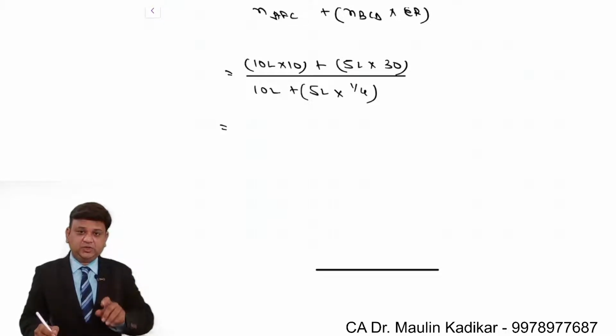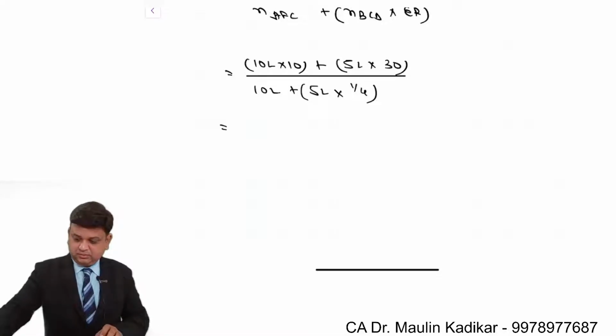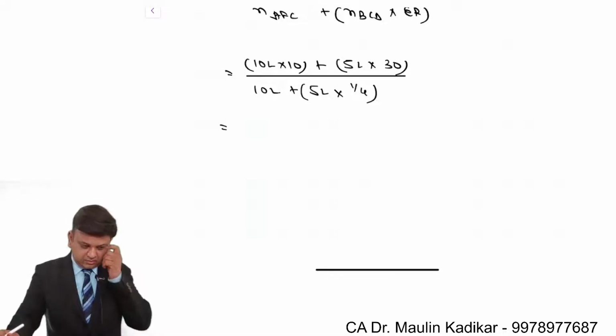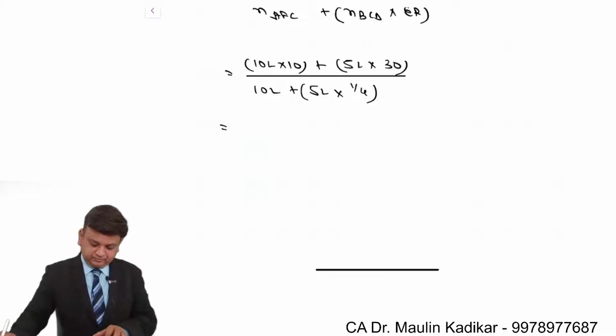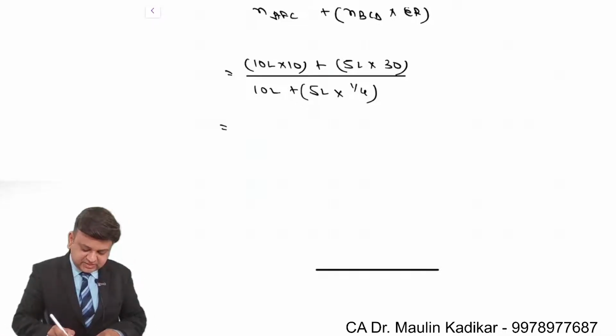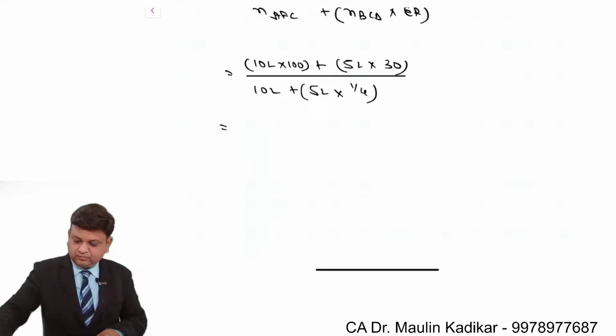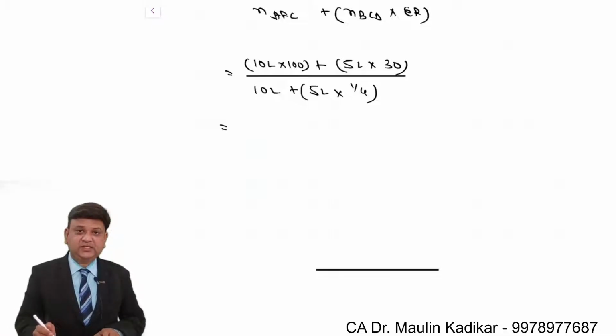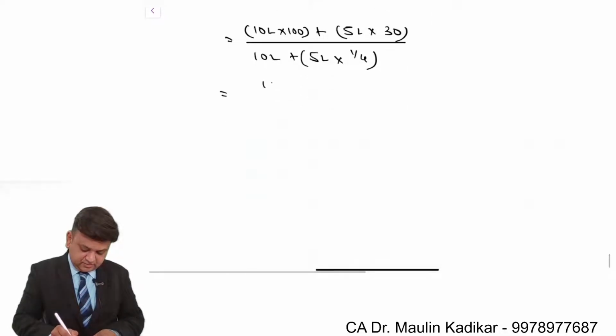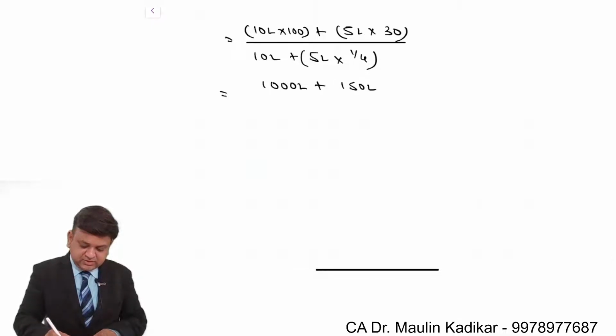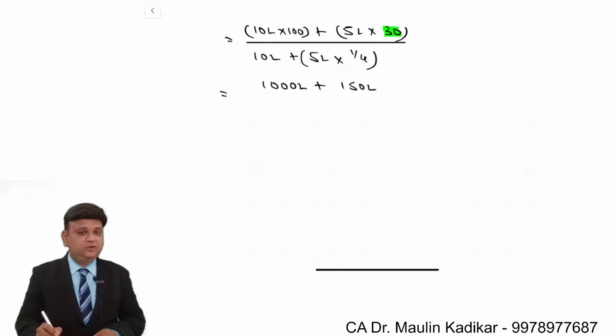So it is 10 lakhs into 100, sorry, I'm sorry. So 100 into 10, that is 1000 lakhs plus 150 lakhs. Okay, be careful. This is required to be taken as 30, not 20.